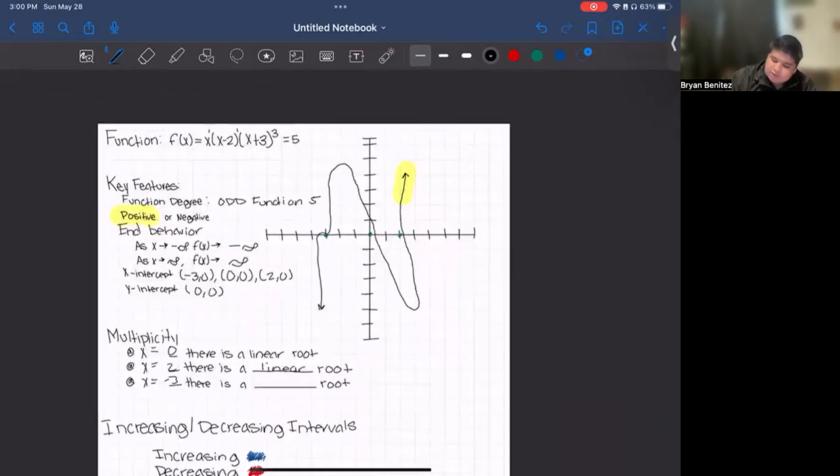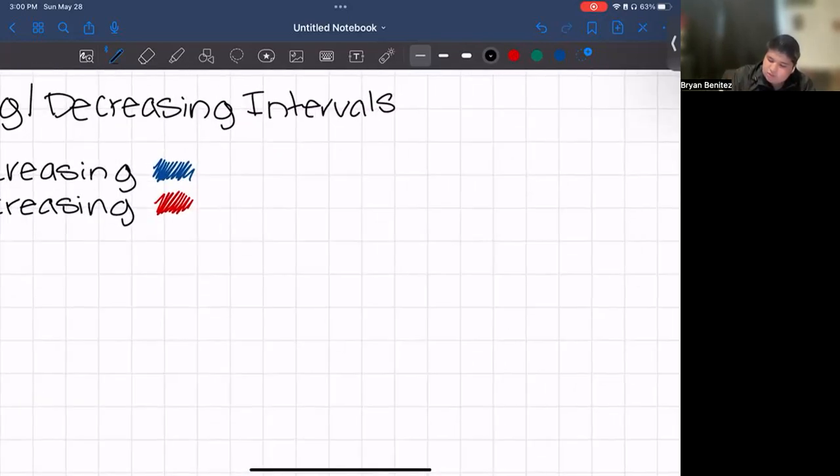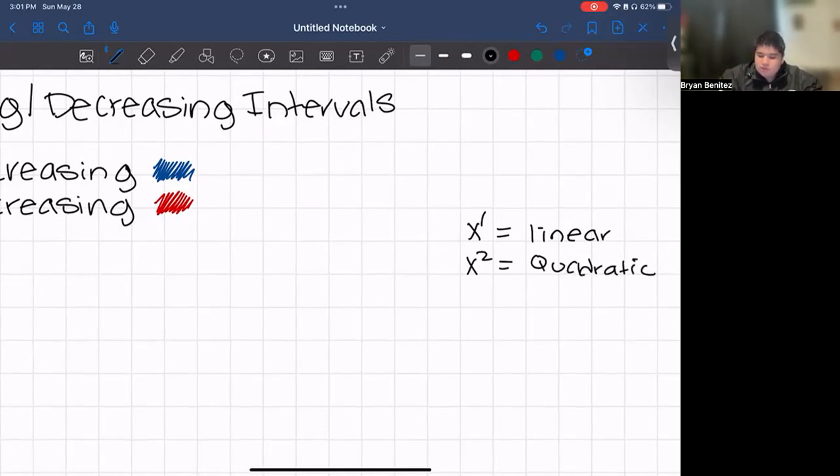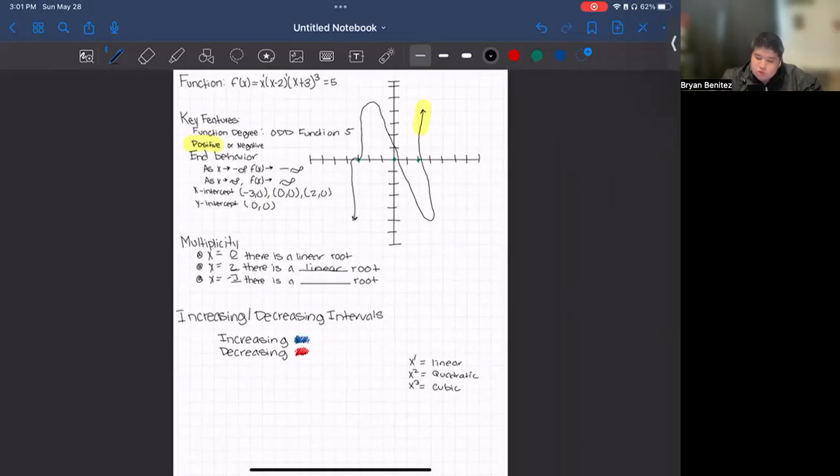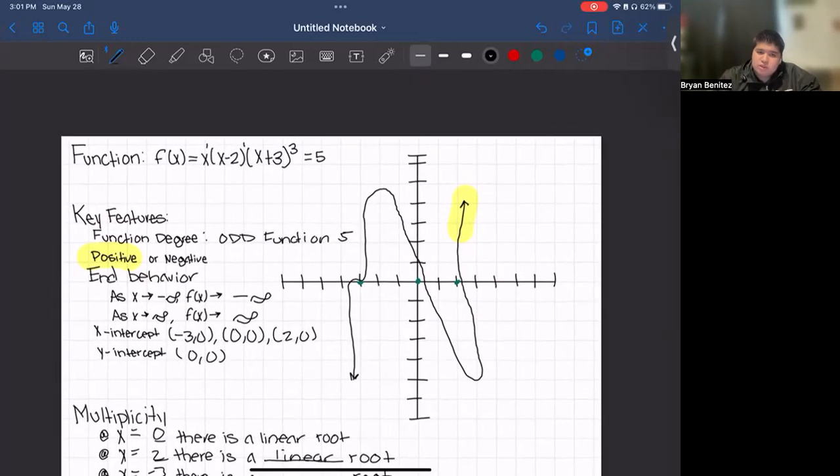And let's keep in mind that an exponent of 1 is a linear root. An exponent of 2 is a quadratic root. And an exponent of 3 is a cubic root. This is how we can tell whether it's a linear, cubic, or quadratic root.